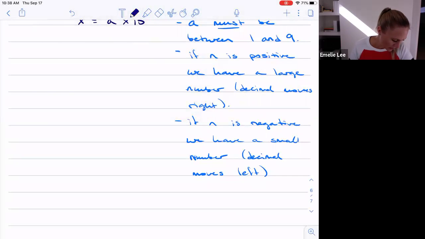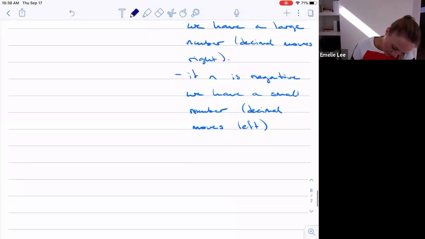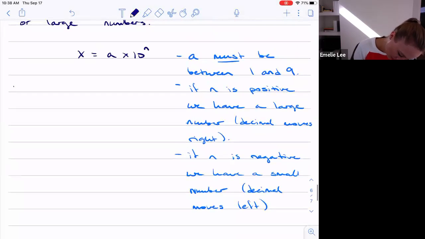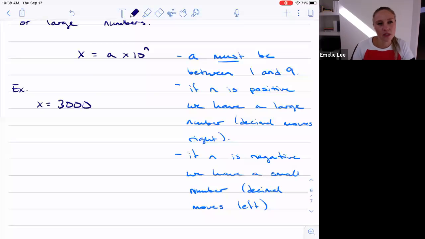So let's see here. I had some examples. Let's start small. If we have x is equal to 3,000, for example, then we can rewrite that in scientific notation.